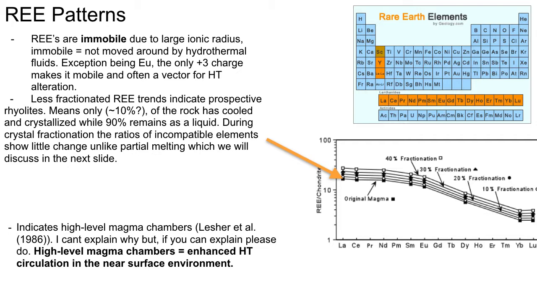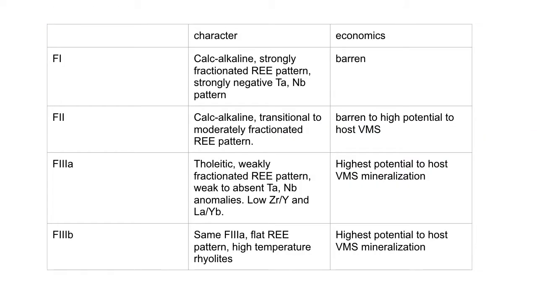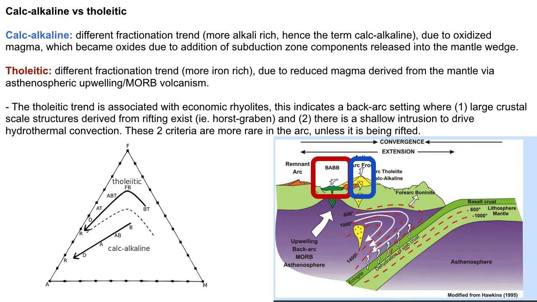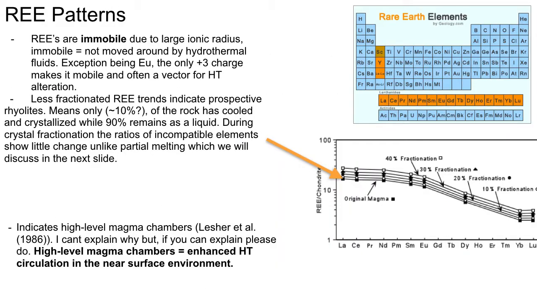And what we see in terms of rare earth element trends is that weakly fractionated rare earth patterns tend to be associated with the F3 rhyolites, which have the highest potential to host VMS mineralization. And what that means is that less of the rock has crystallized.